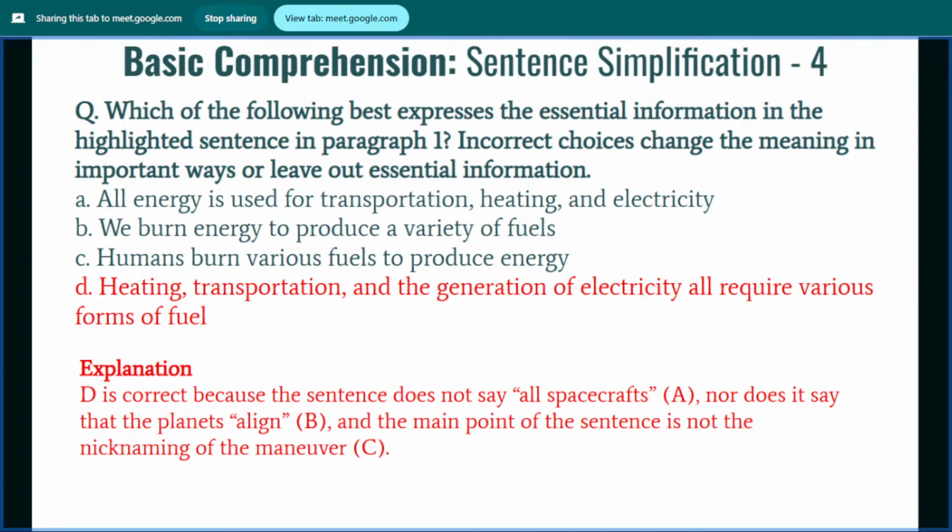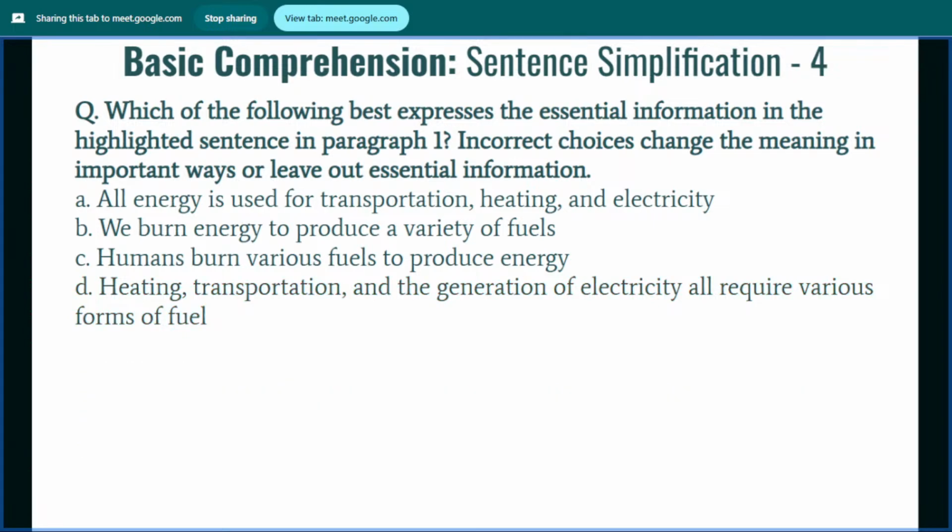Okay. All energy is used. Let's see all of this. And all recoveries. Okay, look at the options quickly again.